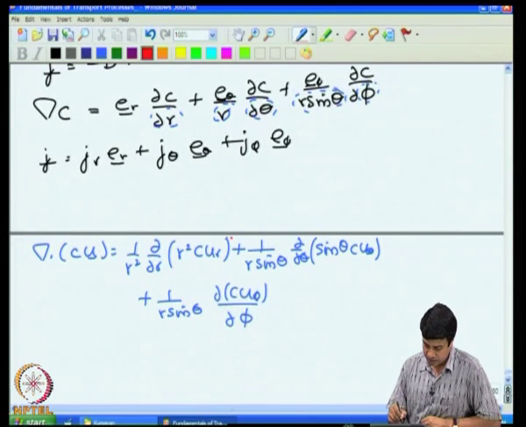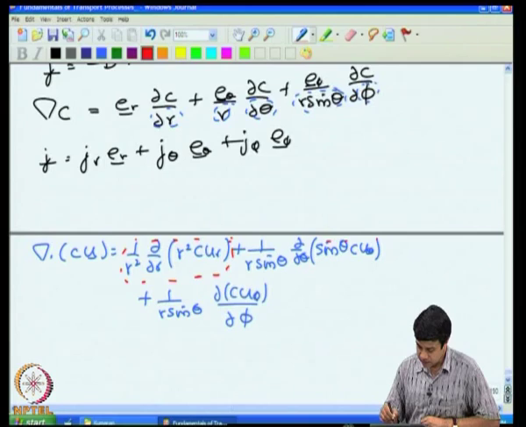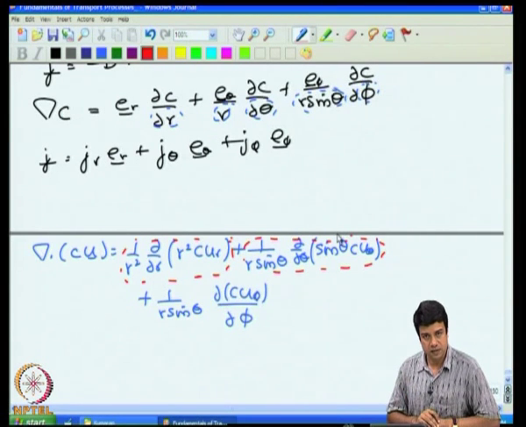In this case, you are getting more complicated forms, and I showed you that is because the surface area of surfaces of constant r is changing as r changes. Surface area of surfaces of constant theta also changes as theta changes. And because of that, you get more complicated forms.